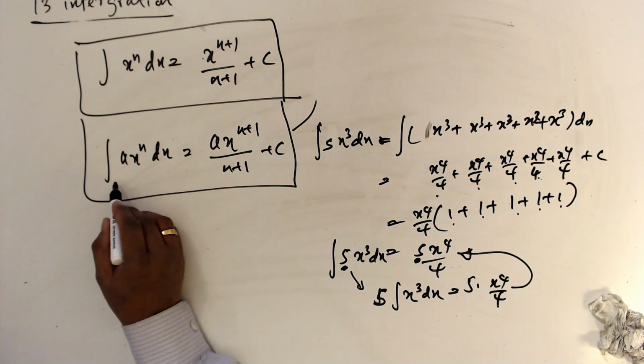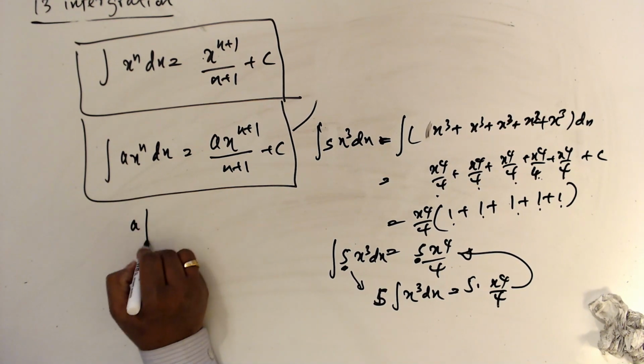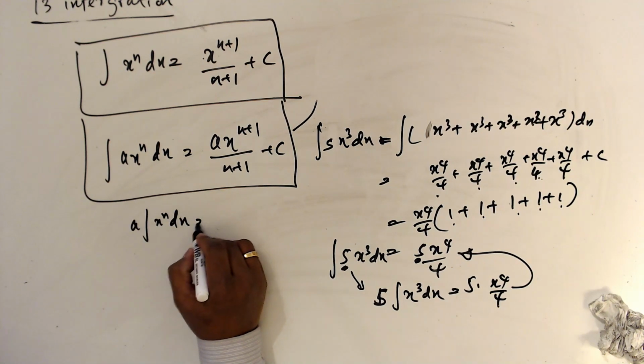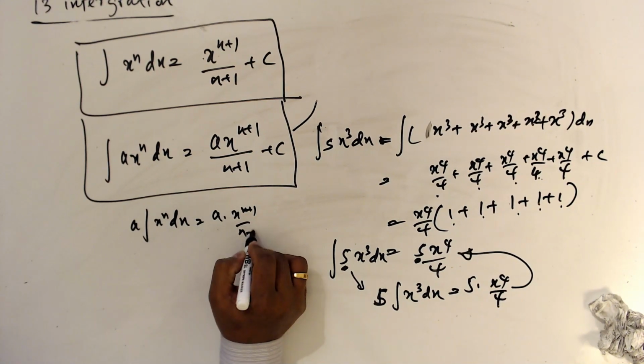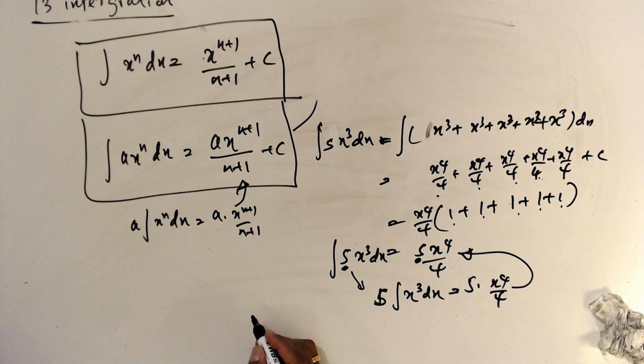Likewise, if I want to integrate ax^n dx, you take a out, then x^n dx, which is a times x^(n+1) over n+1.